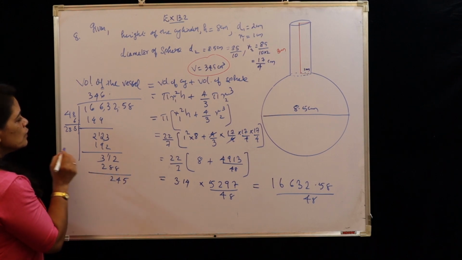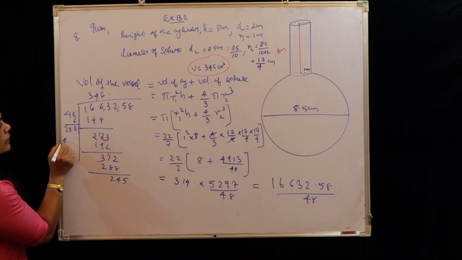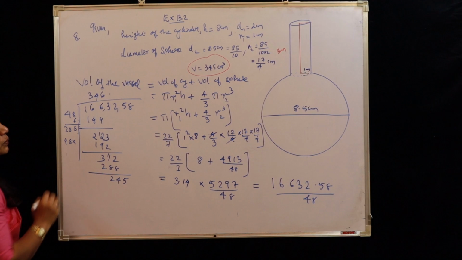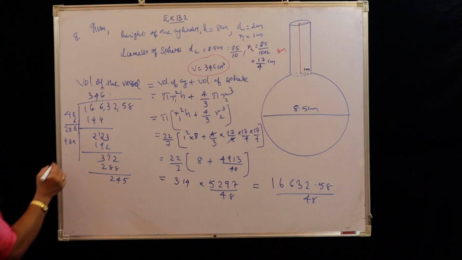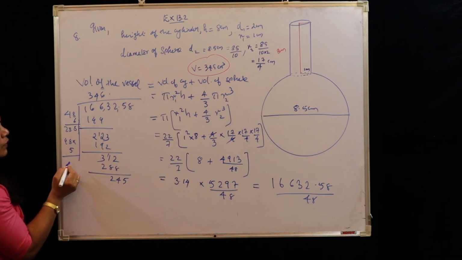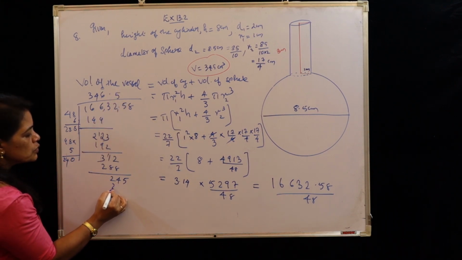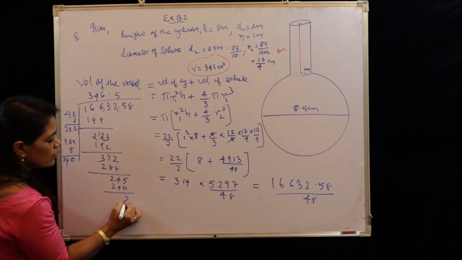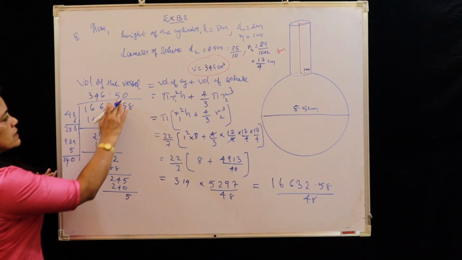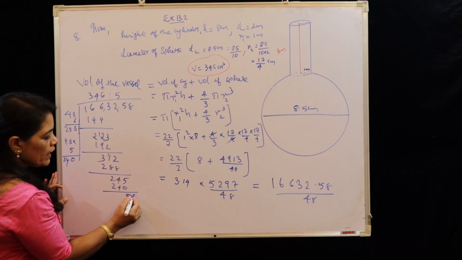So 5, we can take 48 into 5, that is 240, 245. And the next number, we can bring down 8.